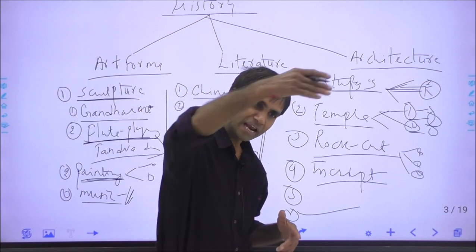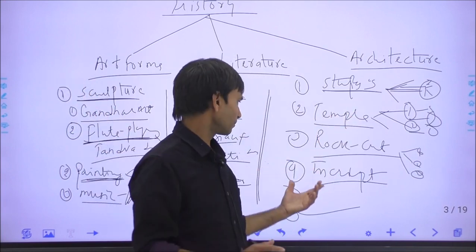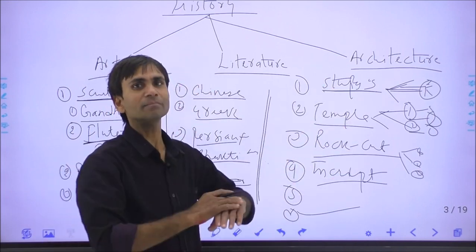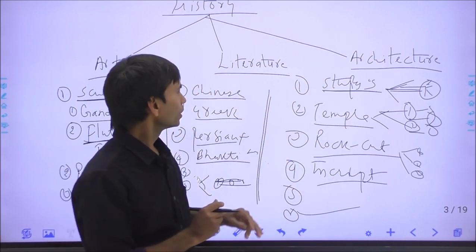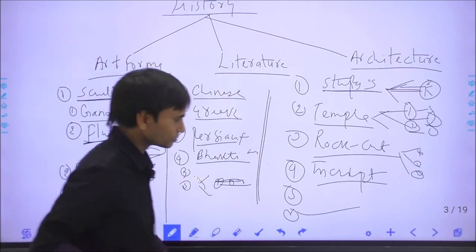Then what was the main purpose of constructing such buildings? During the British phase, the architecture was continued by adding some new elements. So you have to complete the first line of the topic in this way.